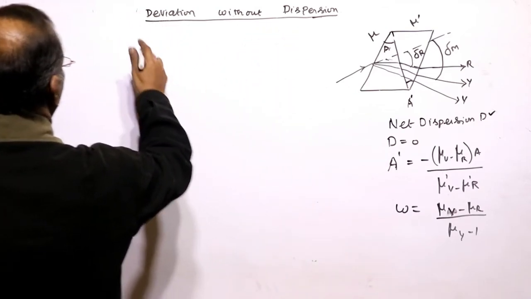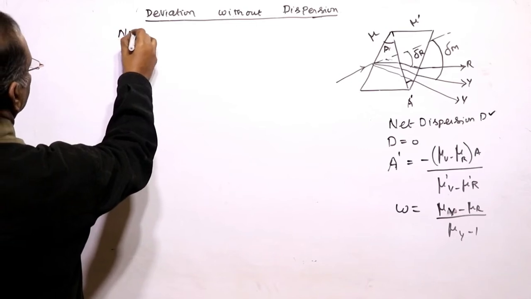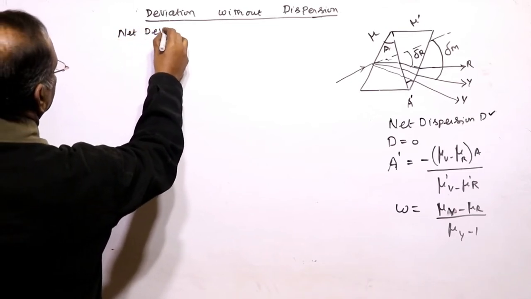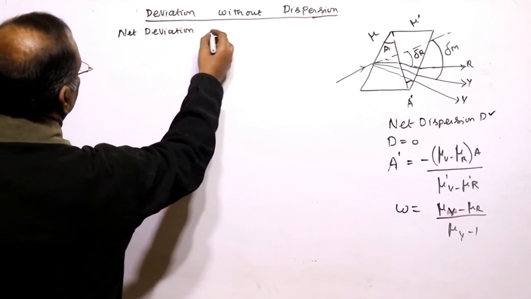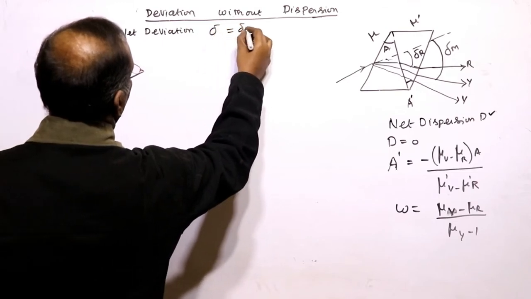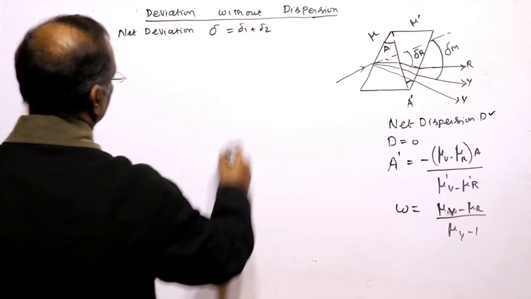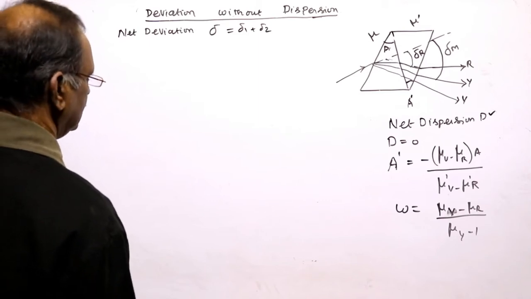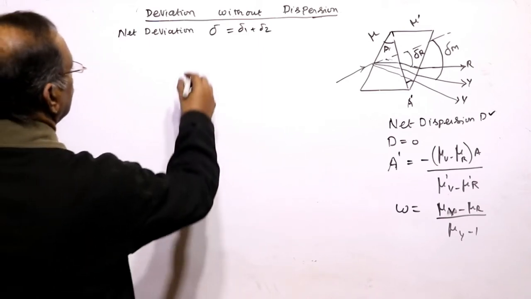And deviation, what about deviation? Net deviation is equal to deviation produced by the first one plus deviation produced by the second one.